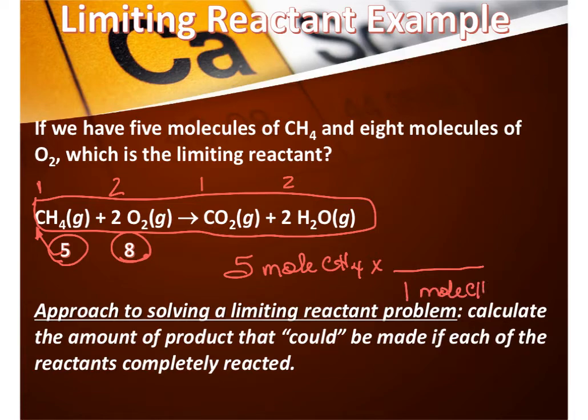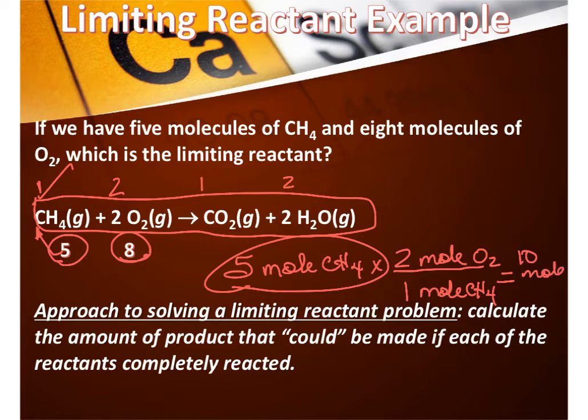For every 1 mole of CH4 that I use, I need 2 moles of oxygen, right? So that means if I start with 5 moles of methane, I need 10 moles of oxygen, right? I don't have 10, I only have 8. So that tells you that oxygen is the limiting reactant.